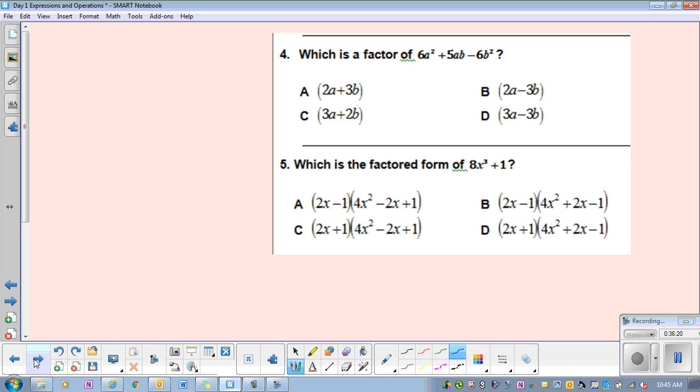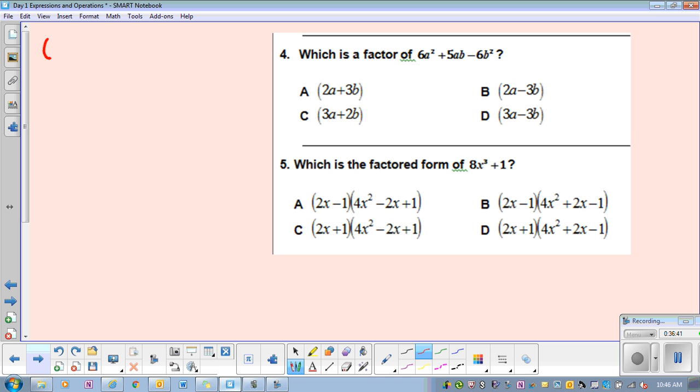Okay, well then let's get to something a little bit more interesting. Which is a factor of 6a squared plus 5ab minus 6b squared? You can always use whatever room you have on the sides there too. Feel free to write all over this paper as you need.